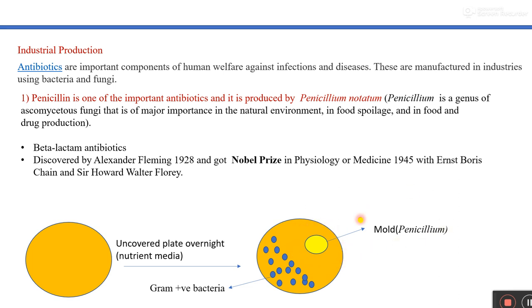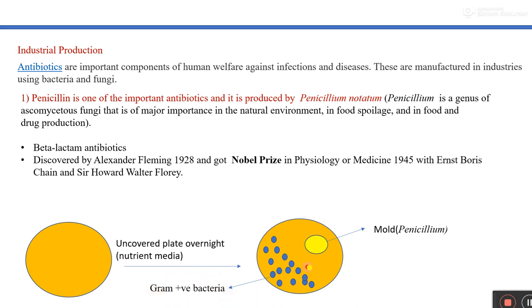So from this observation he conducted various research work in this direction, and after observing the results of all this research work he came to the conclusion that this mold produces a compound which kills gram positive bacteria, right?